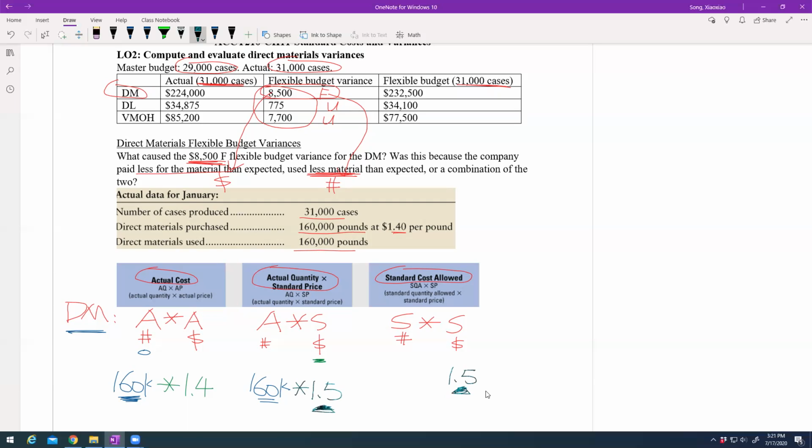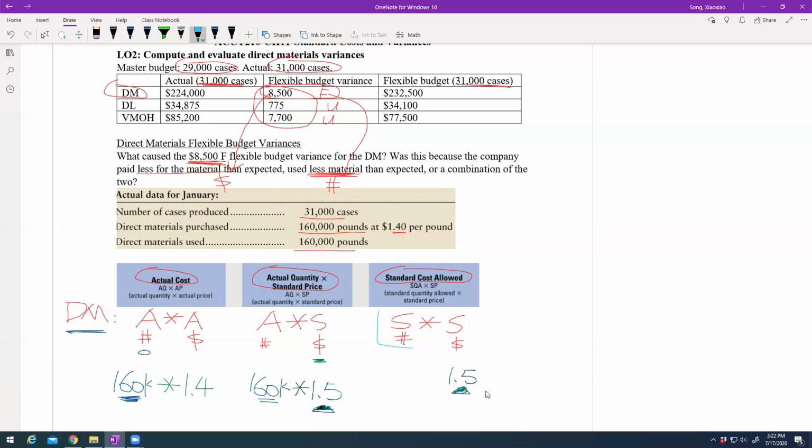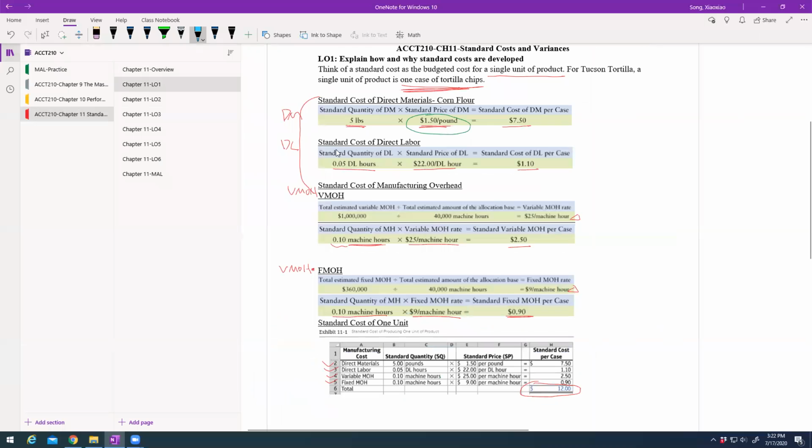also put the standard for this column, $1.5. And what is the standard quantity for our products? For the standard quantity, we totally produced 31,000 cases. Each case, the standard is 5 pounds.